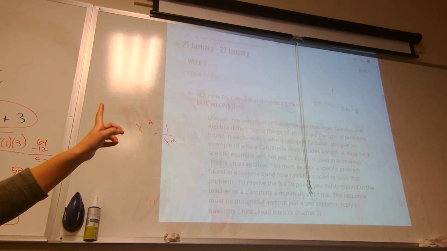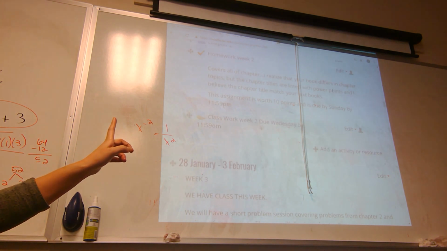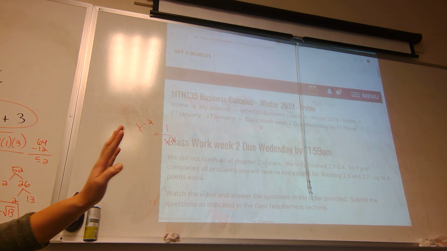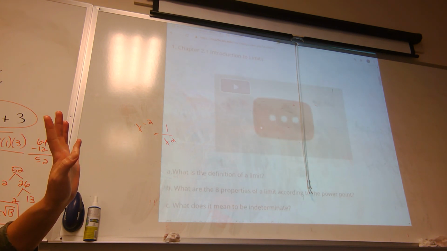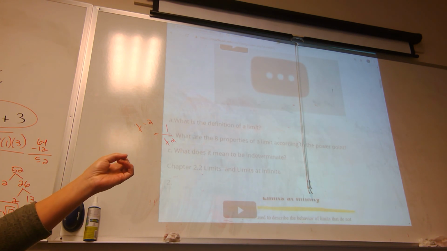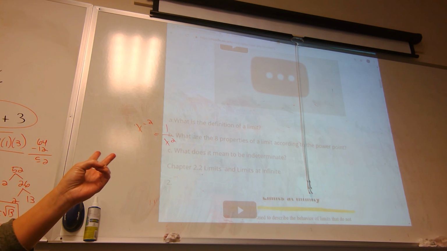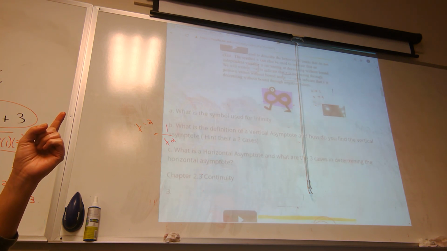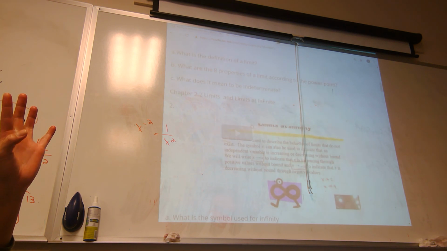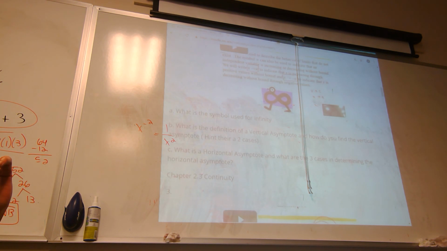Just really quick for the classwork next week, it's not really problems. It's definitions. What are the 8 properties of a limit? What does it mean to be indeterminate? Every lecture has a handful of questions. If you don't have the time to listen to all of it, because they're about 30 minutes apiece, just go through the PowerPoint.